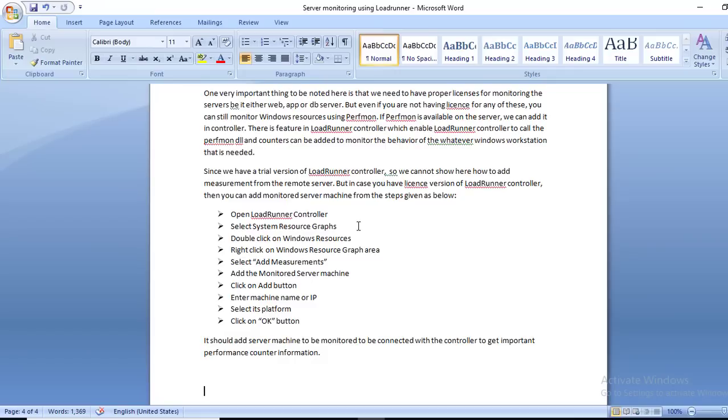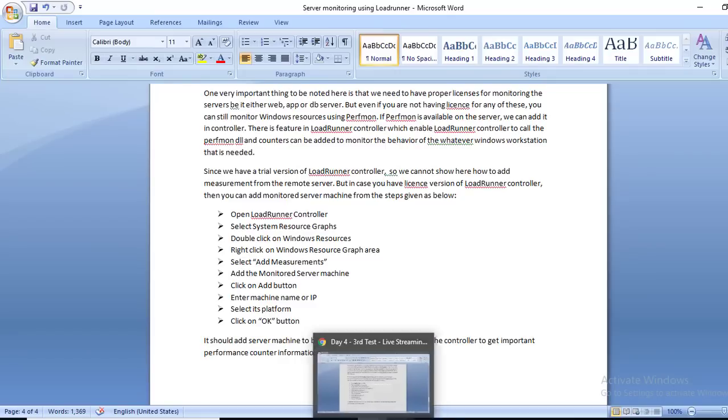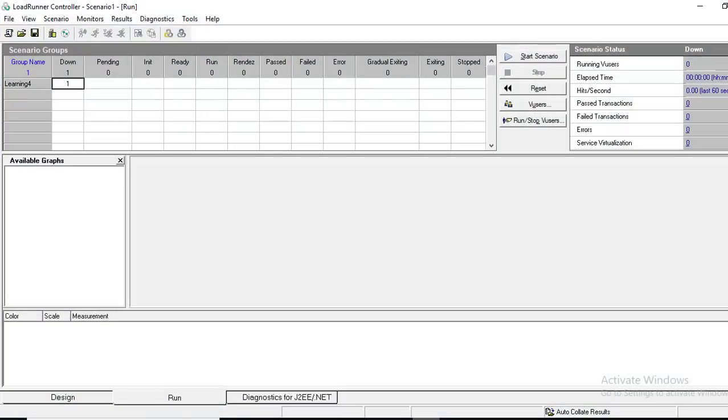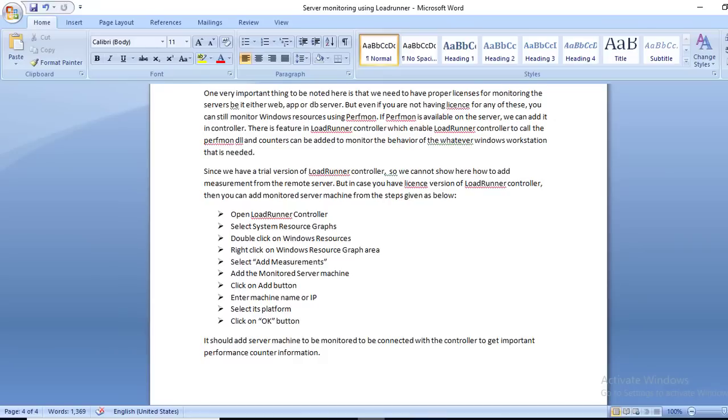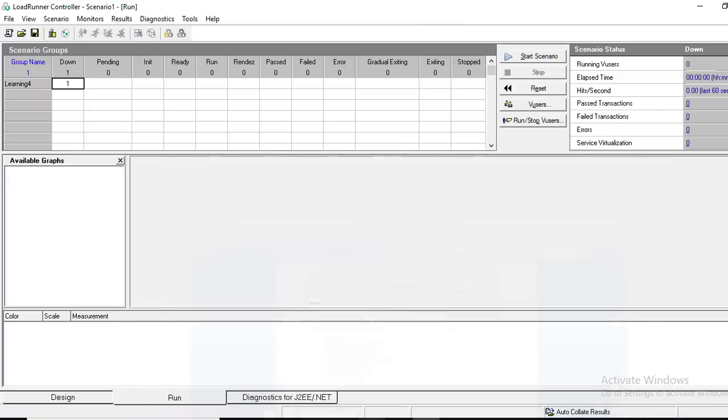Open LoadRunner Controller. Select system graph. Since graphs are not available, we can select system graph from here. Double click on Windows Resources. Right click on the Windows Resources graph area. We need to right click here, and the Add Measurement option would be shown.